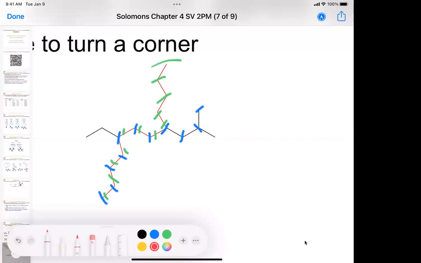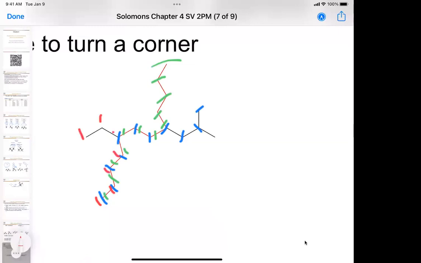Let's number this way then. 1, 2, 3, 4, 5, 6, 7 carbons that way. So it's definitely not that one. And let's see, one more color. 1, 2, 3, 4, 5, 6, 7, 8, 9, 10, 11, or 11. So 12 is our longest number. So we've now identified our parent chain as dodecane.